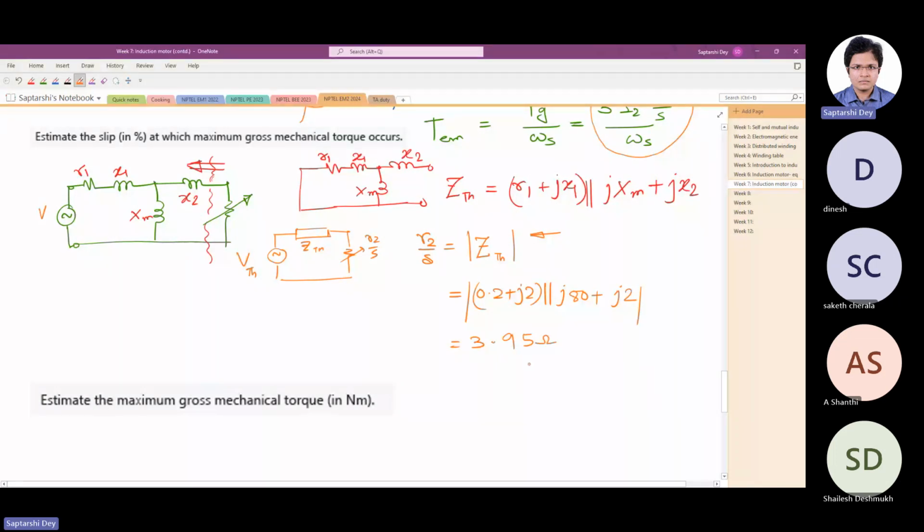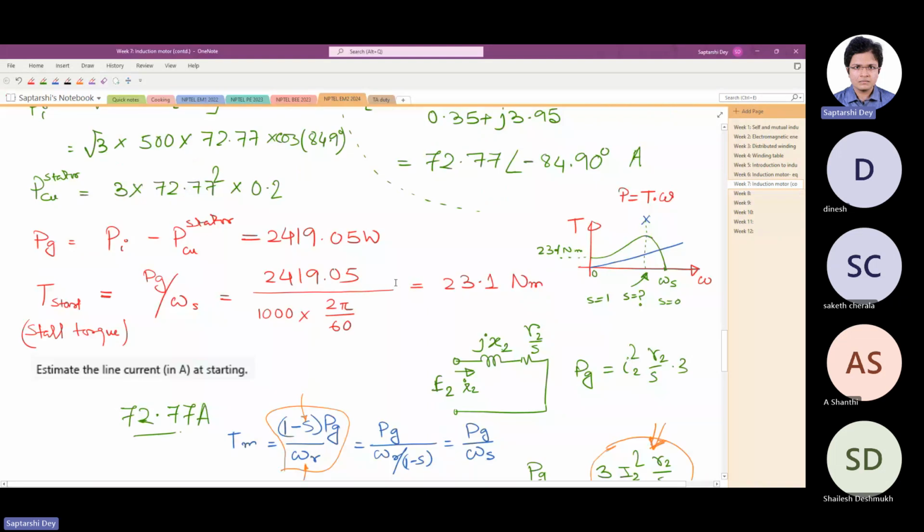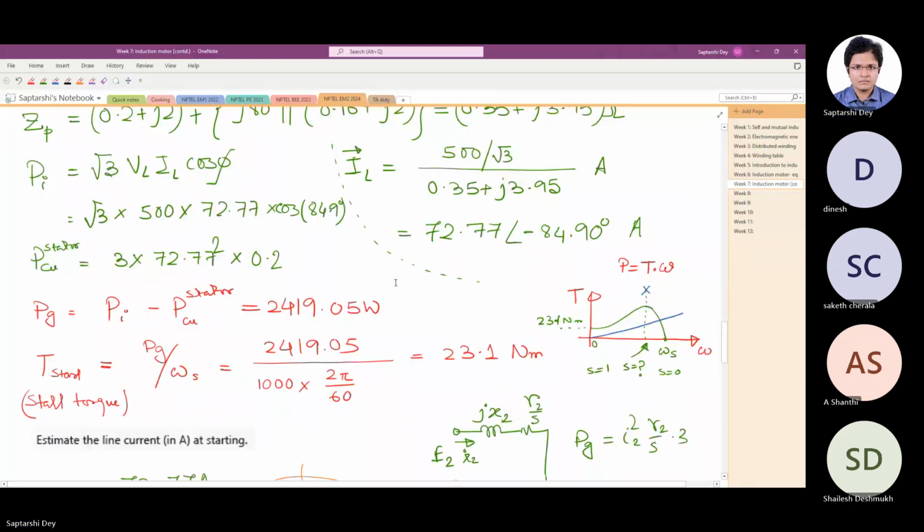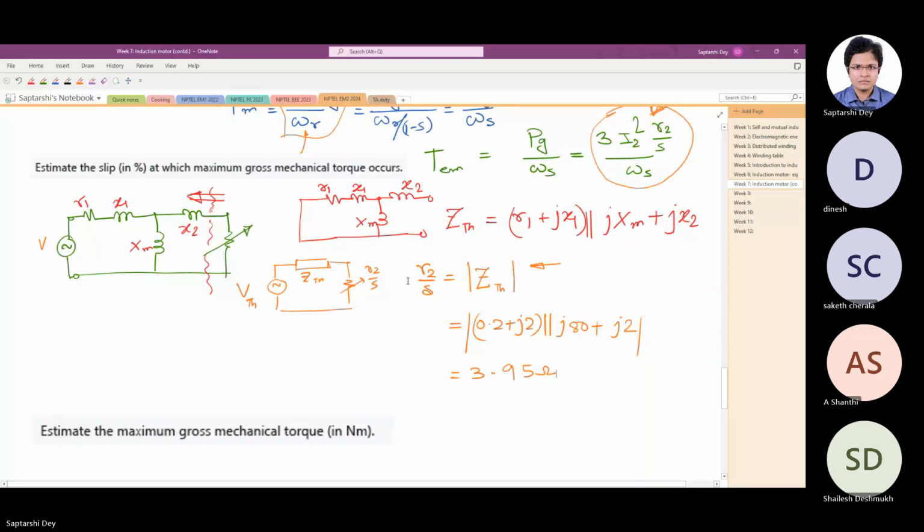And how much is R2? R2 is 0.16. So 0.16 by S is this. So slip comes out to be 0.16 by 3.95, which is approximately 0.04, which is 4%.